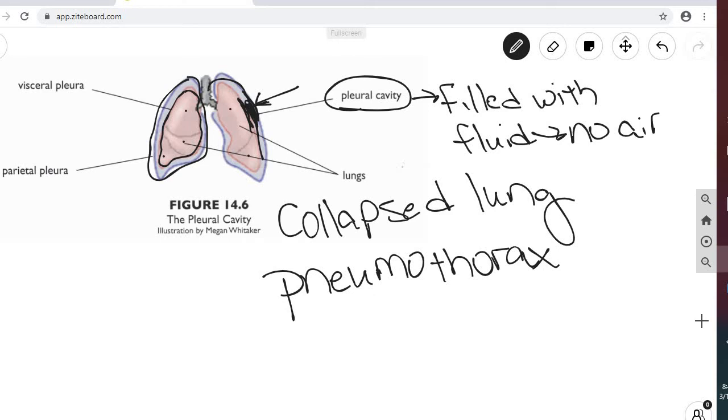So in order to breathe properly, we have to have this seal between the pleura that covers the lungs itself and the pleura that line the chest cavity.